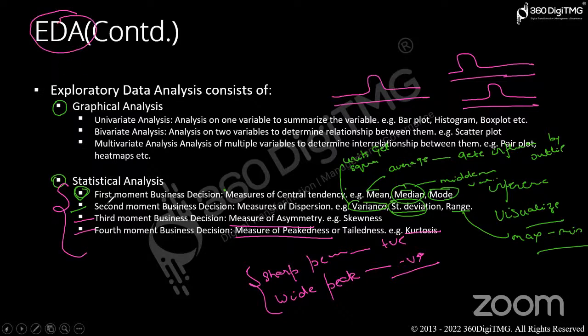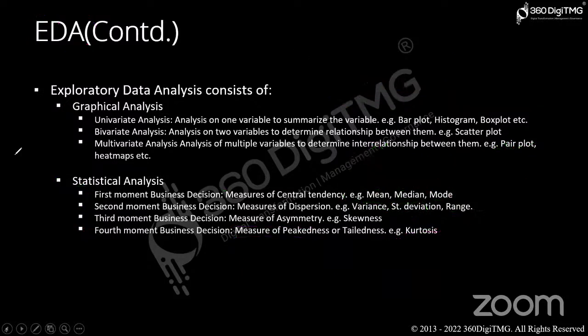But besides doing your statistical analysis, you need to visualize your inferences as well. And that is what we do in our graphical analysis. We have univariate analysis, when one variable is used to summarize the variable, that is bar plot, histogram, or box plot.